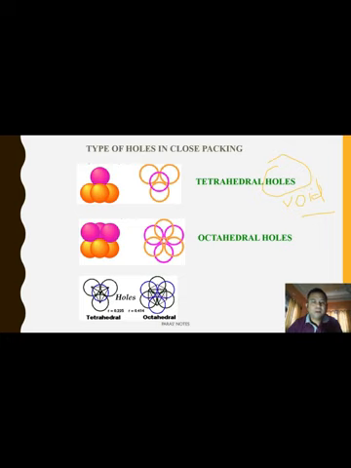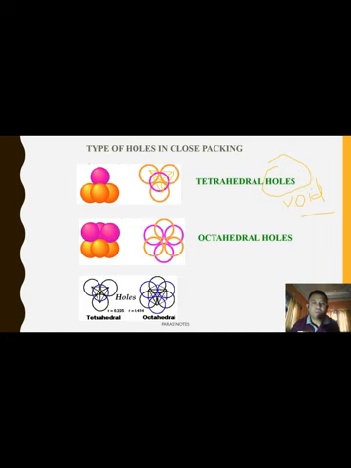Now what are these tetrahedral and octahedral voids? Here, when a tetrahedral void is formed, you can see three spheres touching each other, forming a triangle, and one sphere kept in the second layer. You can see this purple color sphere is in the second layer. If you join the centers of all these spheres with one another, then a tetrahedral structure comes out.